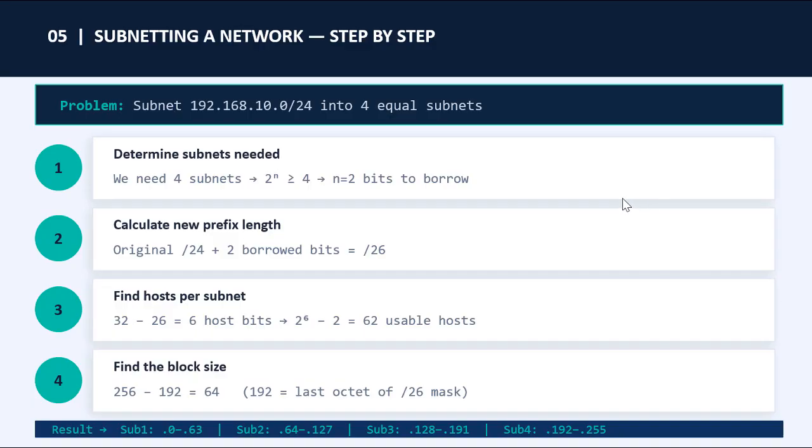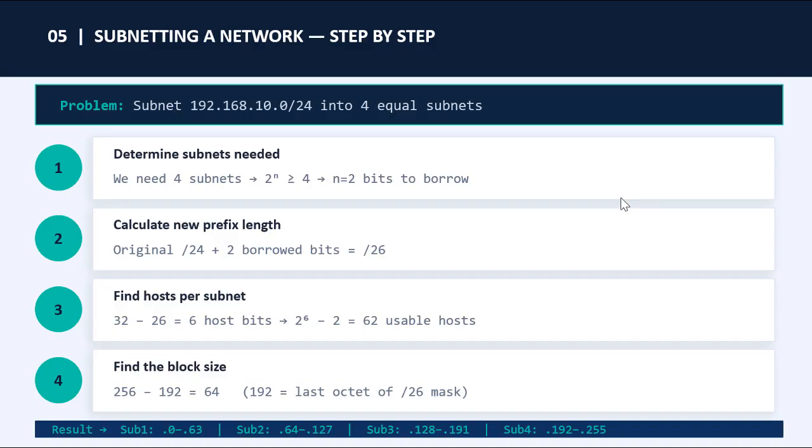Okay, now let's put these formulas to work. Here's our problem. Subnet the network 192.168.10.0/24 into 4 subnets. Step 1, how many subnets do we need? Which is 4. So we need to borrow 2 bits because 2 to the power of 2 is 4.